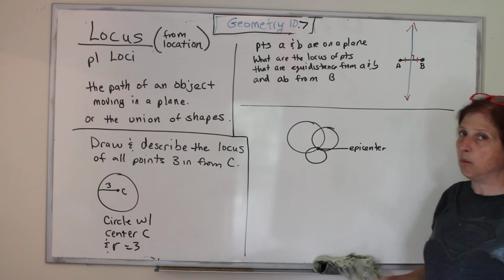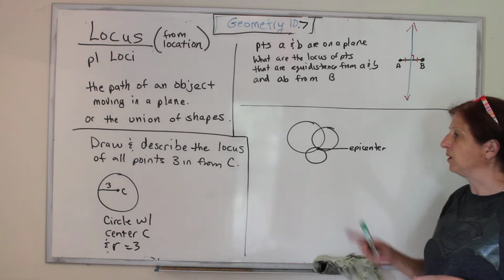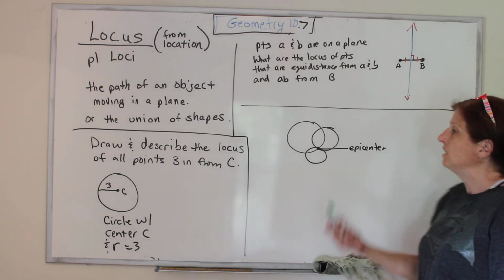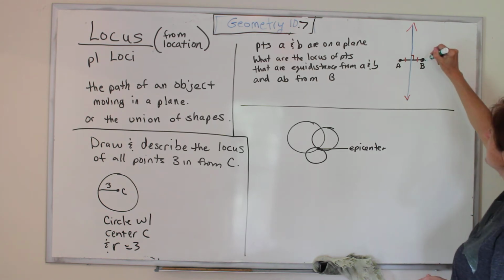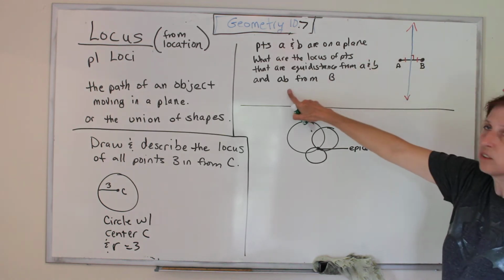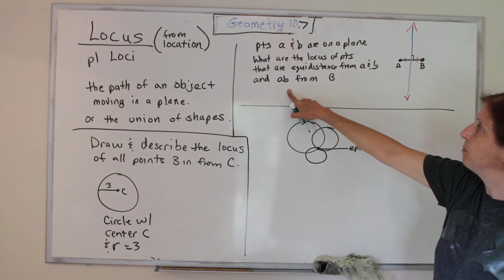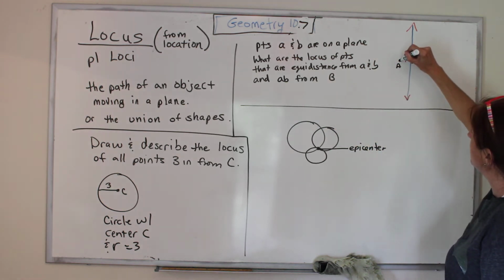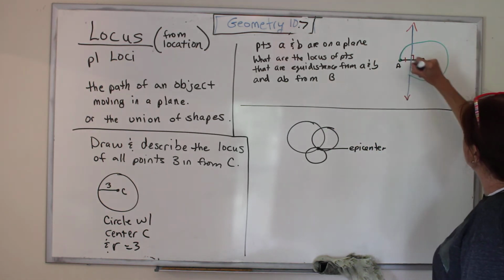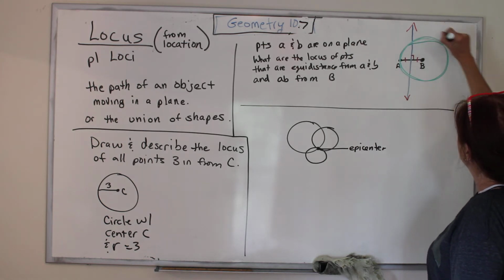Well, if you have all points that are a certain distance from a point, you have a circle. So this is the radius of our circle because the distance of all these points is AB. So now, oh, that's a terrible circle. Let's try to make it a little prettier. There we go.